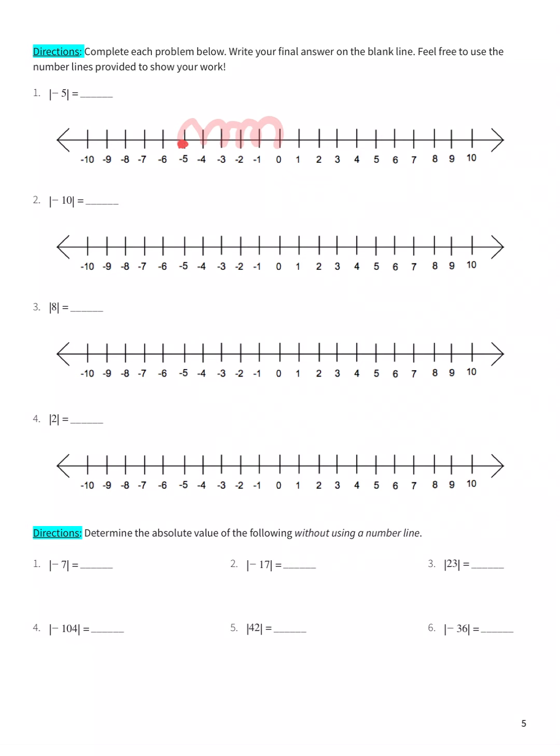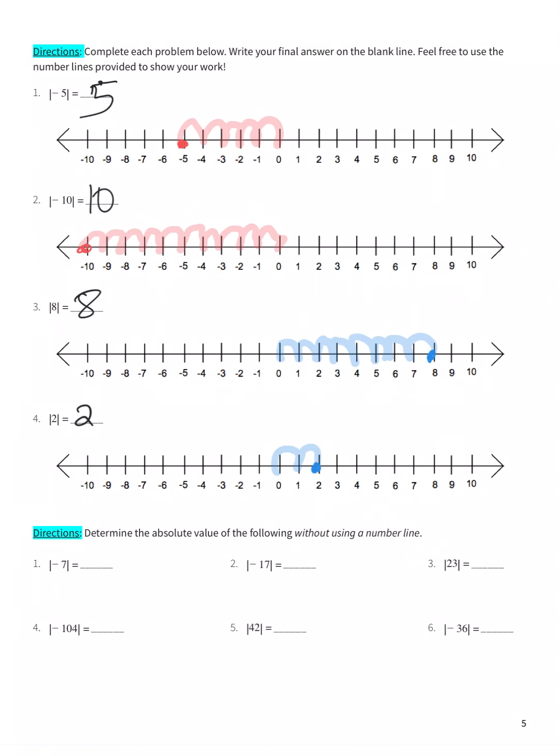So we know that the absolute value of -5 is 5. And I'm going to write that in black. Beautiful handwriting, as always. So what you're going to do now is pause the video, and try these 4 on your own.